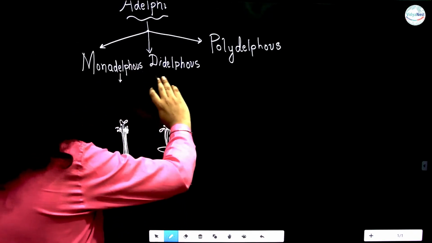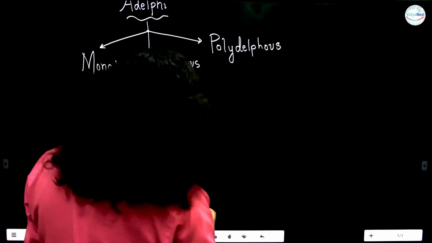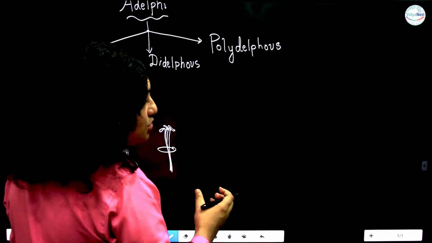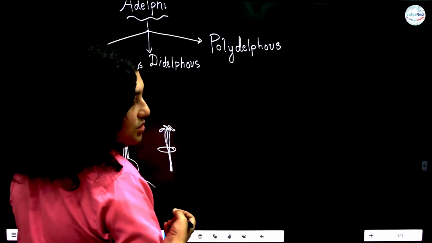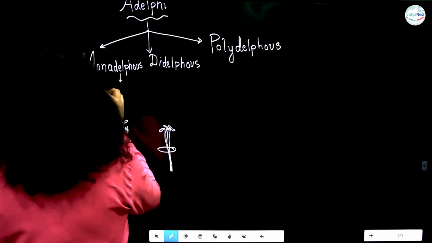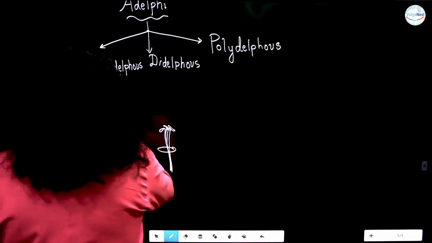So it is one of the types of cohesion. Cohesion means when the stamens are associated with one another, they show joining or union.